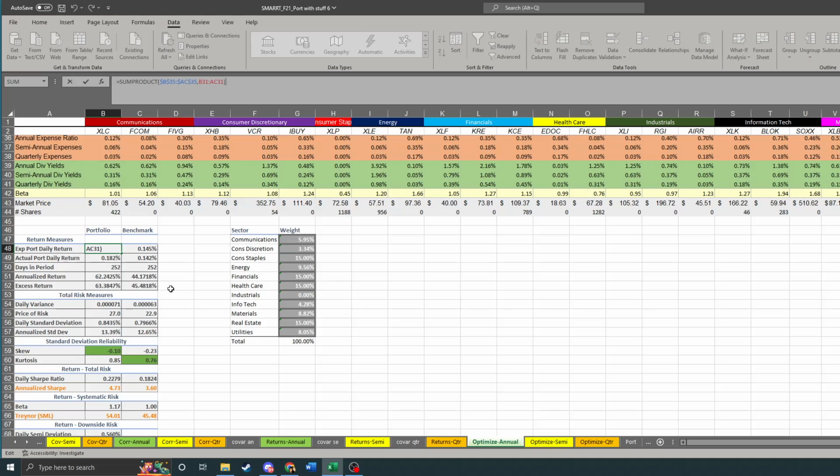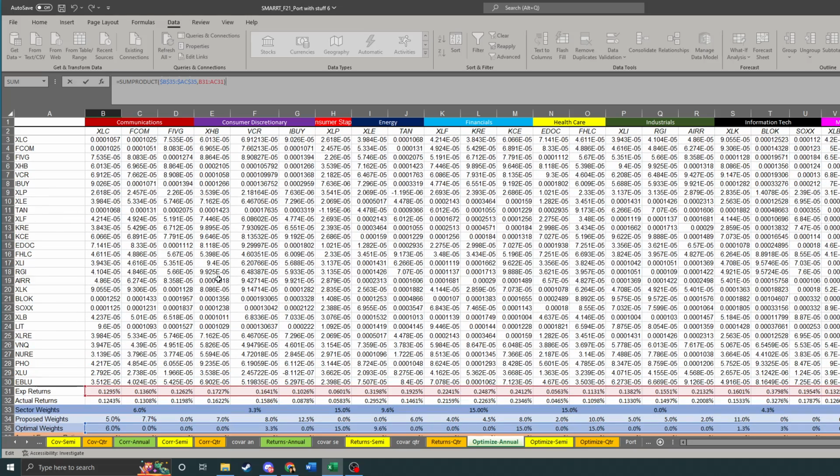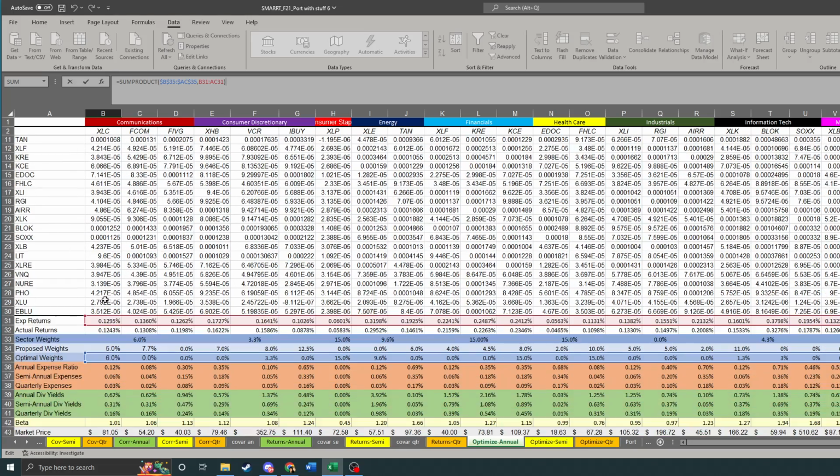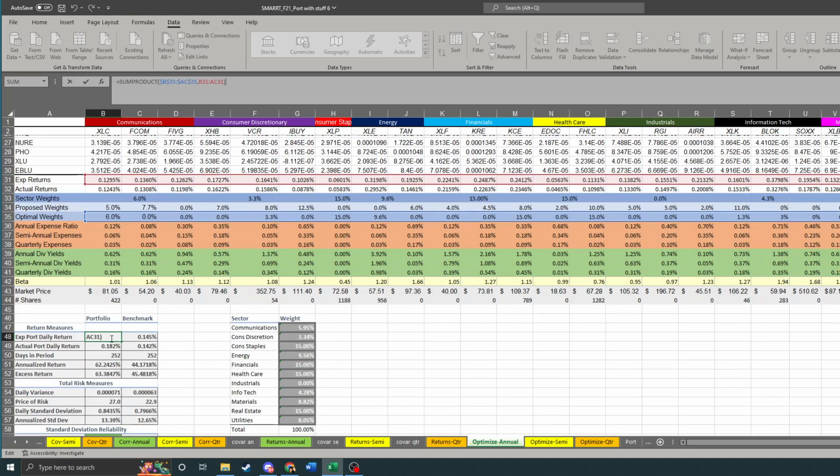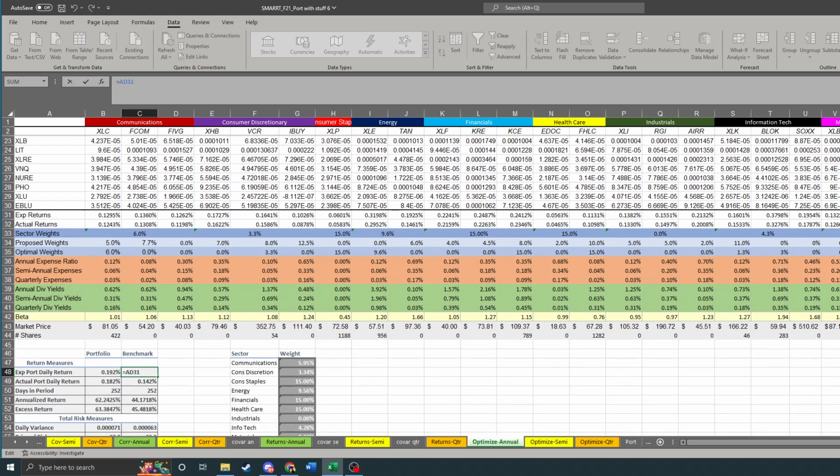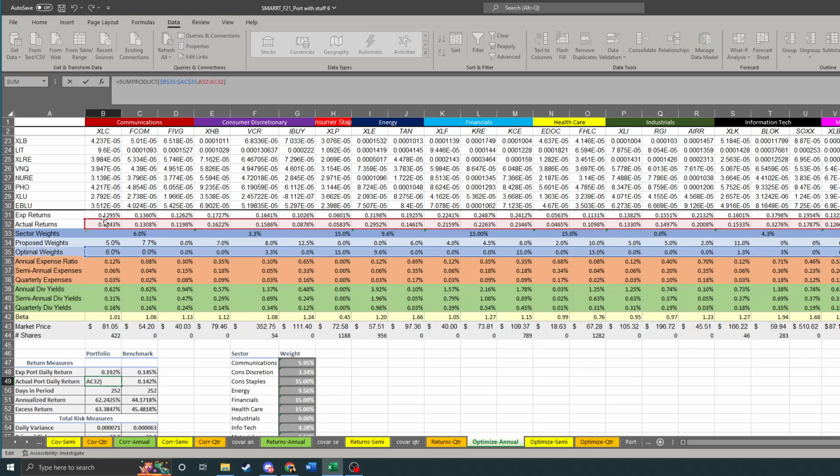And then to the actual metrics. So the expected returns are just the sum product of our expected returns and their optimal weights. Pretty simple. For the benchmark, it's just the actual return right there that we get. And then the actual port daily return is just the actual.